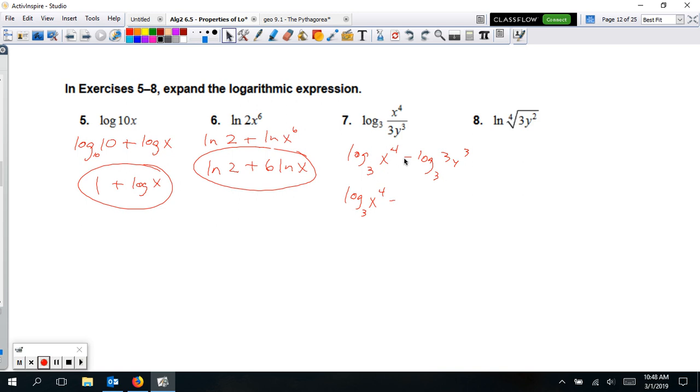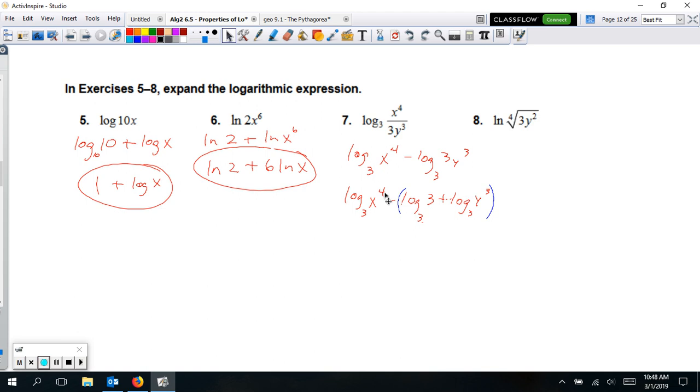But because it's a minus here, this is where it can get a little tricky. Because we're subtracting this entire logarithm, we have to put it in parentheses. So we have to put this product part in parentheses here. So minus the parentheses of log base 3 of 3 plus log base 3 of y to the third. That way we're going to have to distribute the negative. The negative will affect both of these, making both of them negatives.